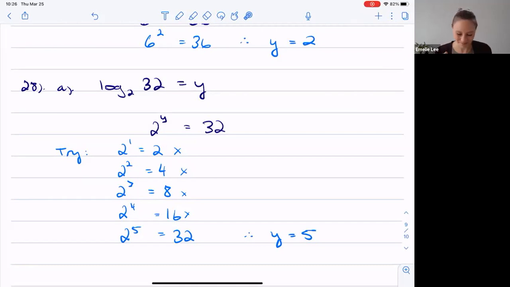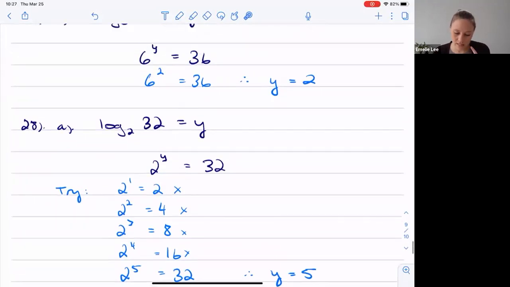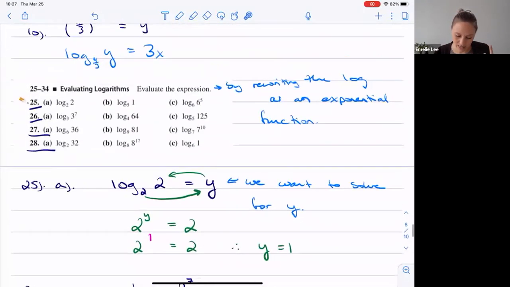Dun, dun, dun. So for the domain of logs, we can put in any input into any log, but it has to be greater than 0. So it can't be 0. We can't take the log of 0 or a negative number.